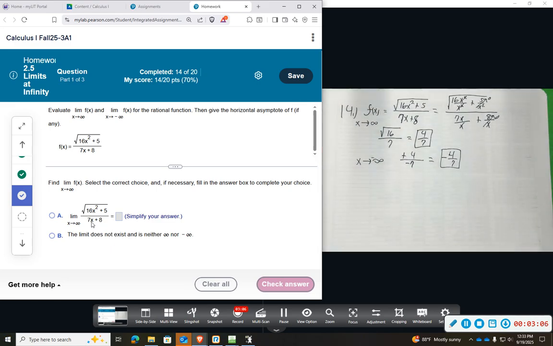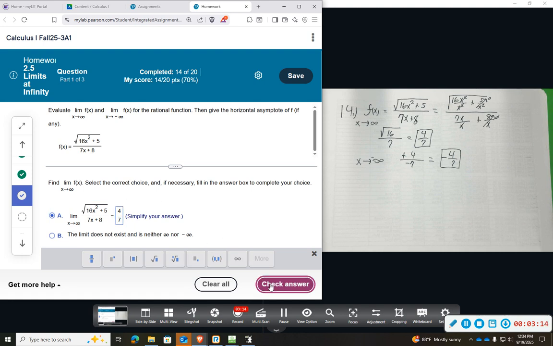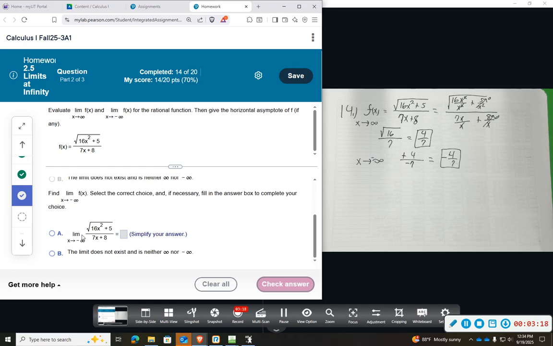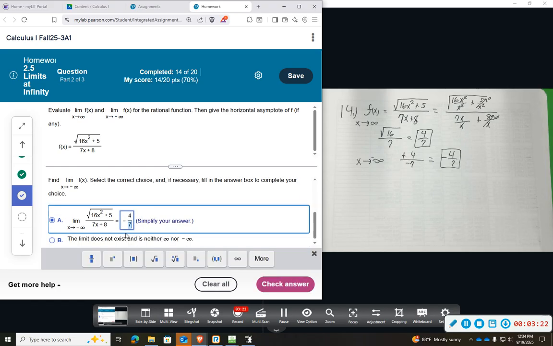Okay, so as x goes to positive infinity, we are going to positive 4 over 7. And as we go toward negative infinity, we're going toward a negative 4 over 7.